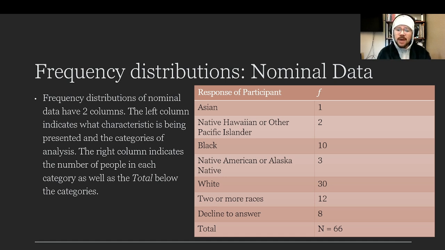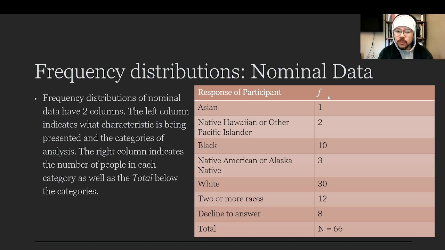The possible responses that people gave include the categories of Asian, Native Hawaiian or Pacific Islander, Black, Native American or Alaska Native, white, two or more races, declined to answer. And again, as a reminder, this very last row is just representing the total of everyone who participated in this survey.